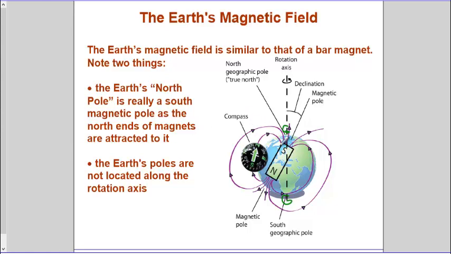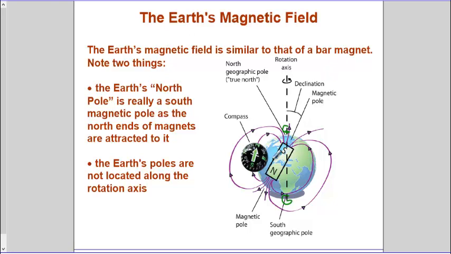Most people are under the impression that the North Pole is the North Pole of a magnet, and the South Pole is the South Pole of a magnet, but actually the geographic South Pole, which is not the same location as the magnetic pole, is actually a North Pole. So if we look at this picture, this geographic South is a magnetic North Pole. The geographic North is near a magnetic South Pole, and the Earth's magnetic field is similar to that of a bar magnet.